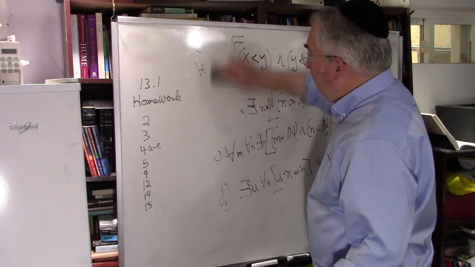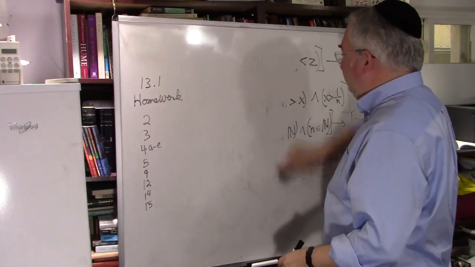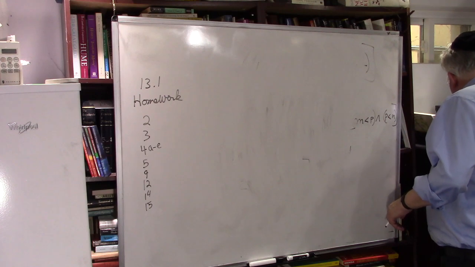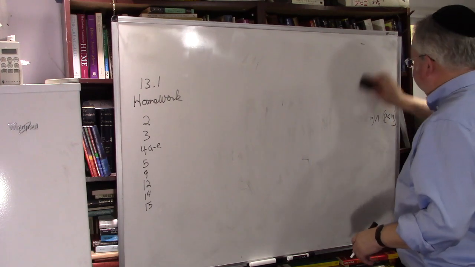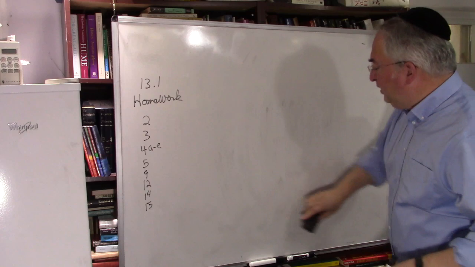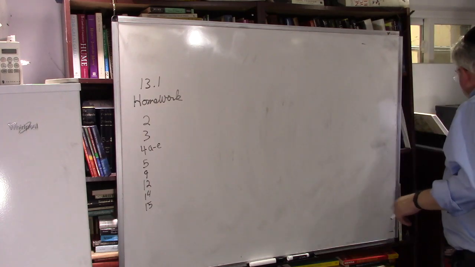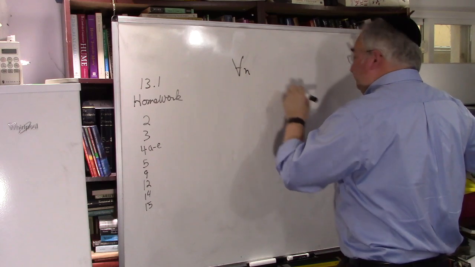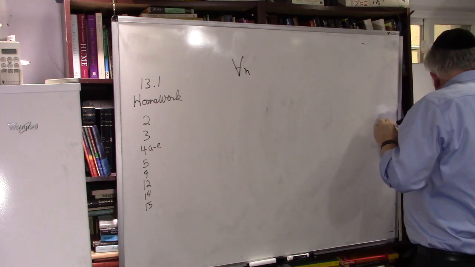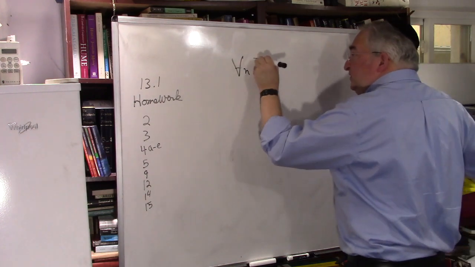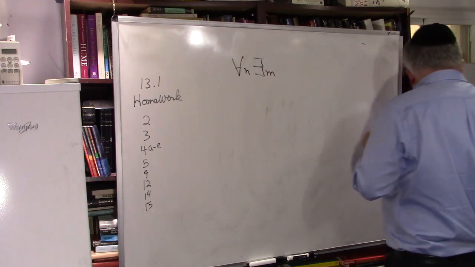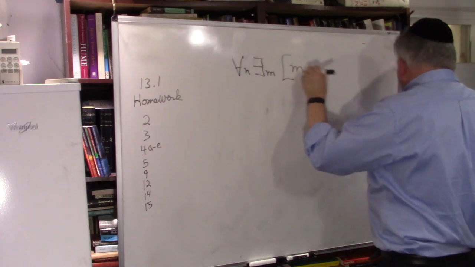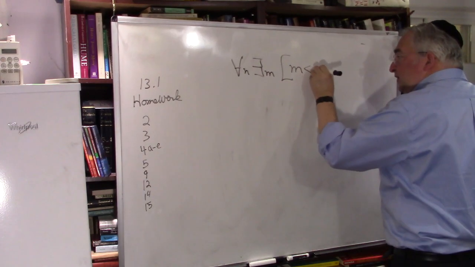Let's do, we're still up to 5, we're up to 5e. I think we did 5e in class. Maybe. Okay, let's do it quickly. 5e: for all n, there exists an m such that m is less than n.